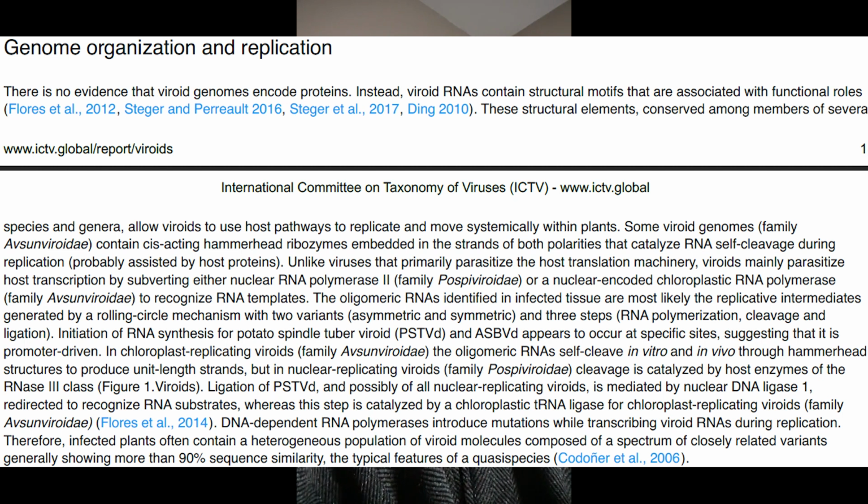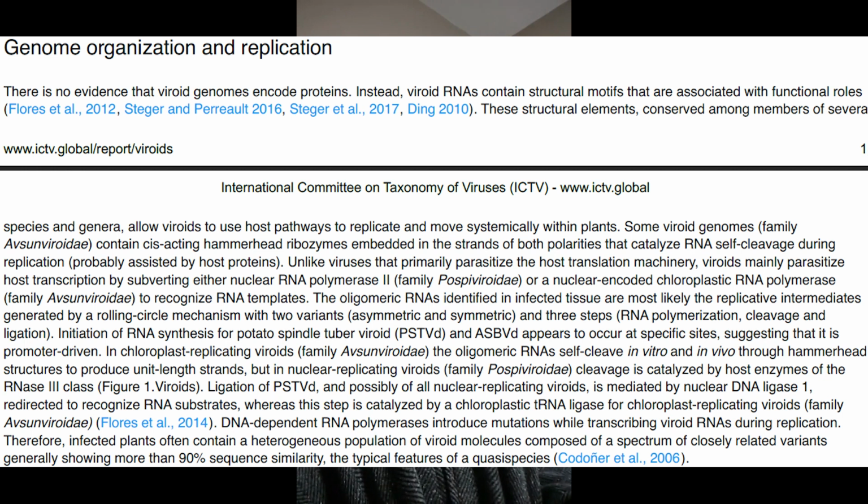These structural elements, conserved among members of several species and genera, allow viroids to use host pathways to replicate and move systemically within plants. Some viroid genomes, like the Avsunviroidae, which is one of the major families, contain cis-acting hammerhead ribozymes embedded in the strands of both polarities and catalyze RNA self-cleavage during replication, probably assisted by host proteins, they say here.